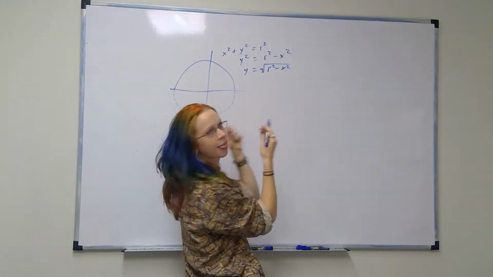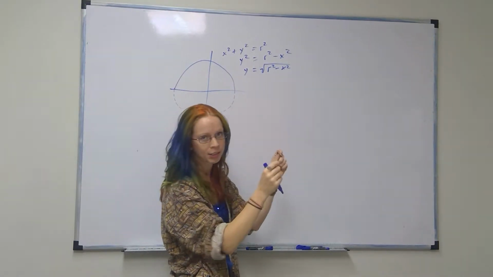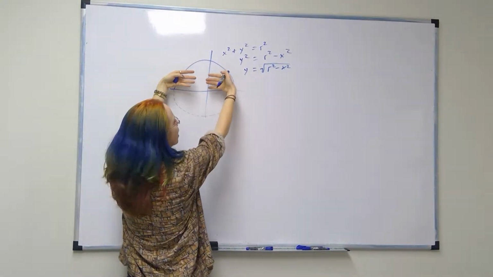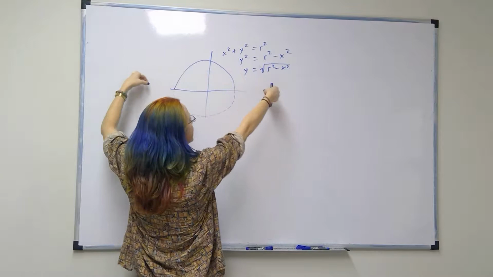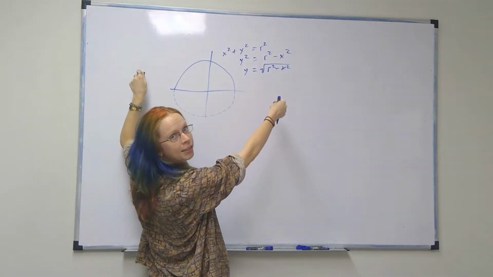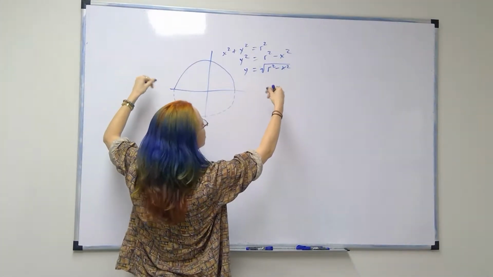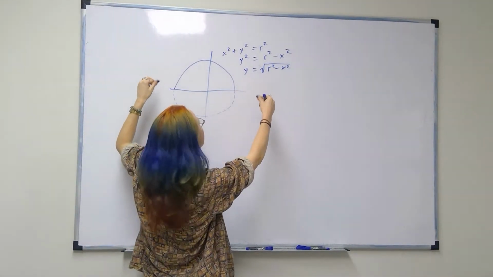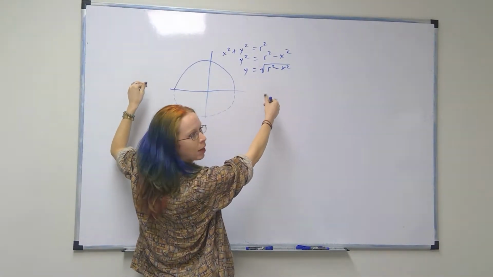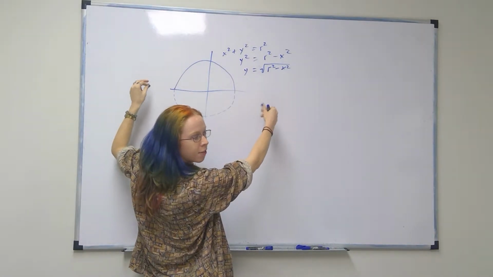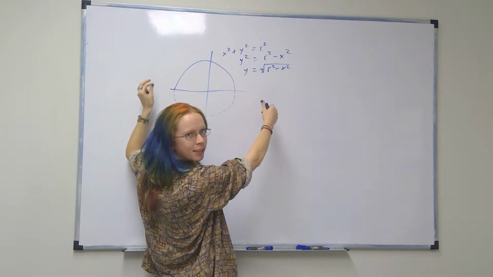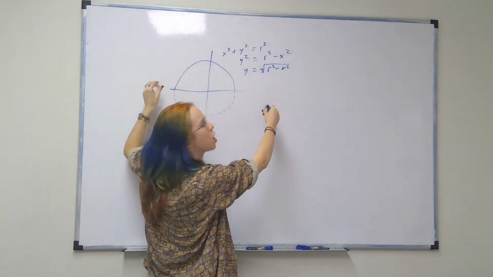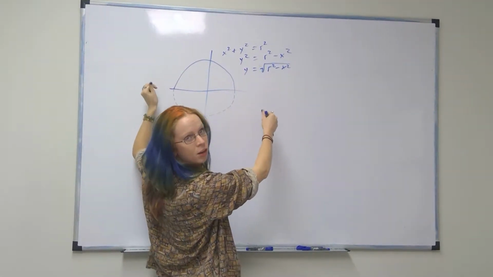All right, so I'm going to take that piece, that half of a circle, and I'm going to stick it on a string. I'm going to let the x-axis be a string, and I'm going to twirl that string. So I'm rotating that semicircle around the x-axis. And if I do that really, really fast, I see a sphere. We're going to find the volume of that sphere.